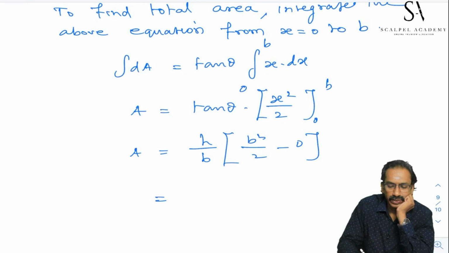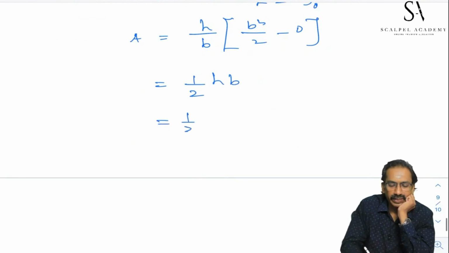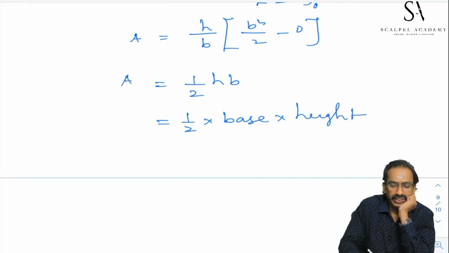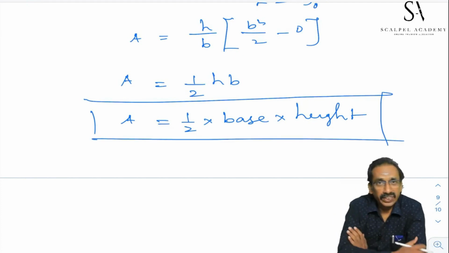That is equal to 1 by 2 h b. That is half into base into height. We got the area of the triangle. Student, I hope that you have enjoyed this integration. Student, we go to the next problem.